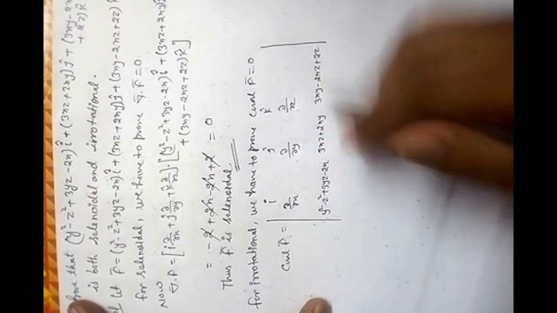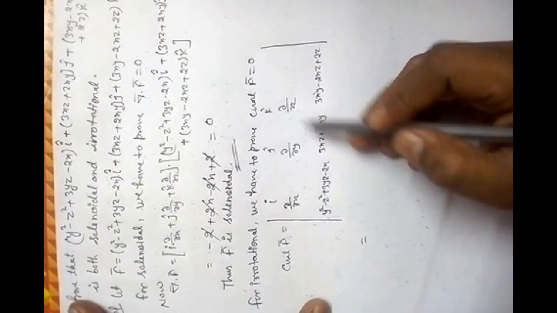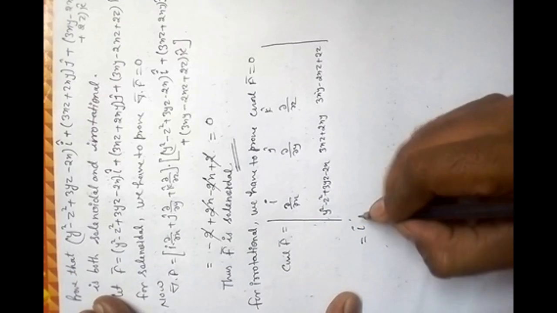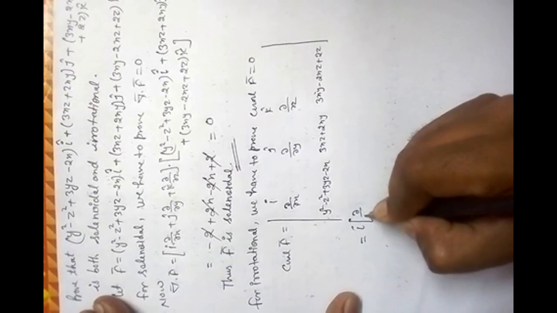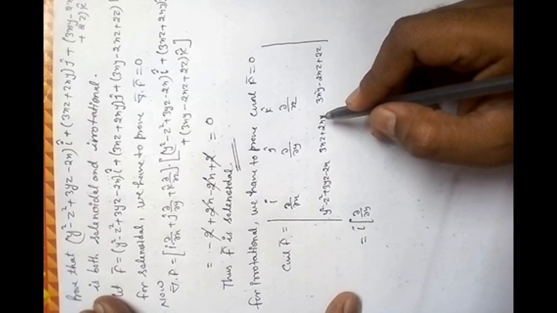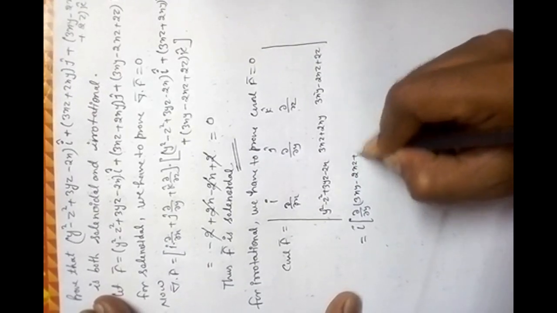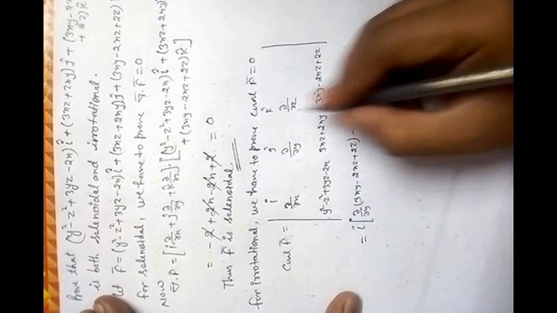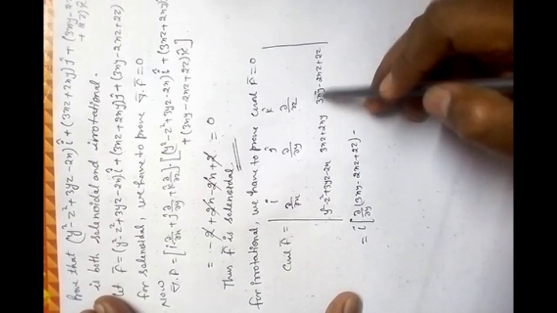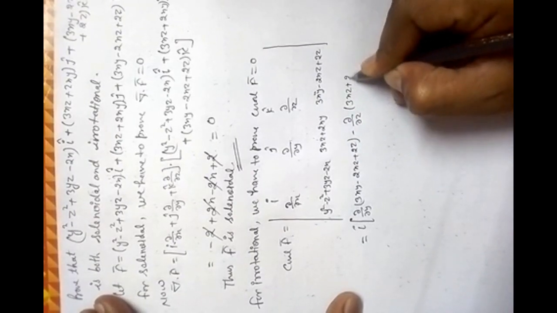Expanding the determinant, then we get i times this minus this, i times del y, 3xy minus 2xz plus 2z, this minus this, i this minus this, and del y del z, 3xz plus 2xy.